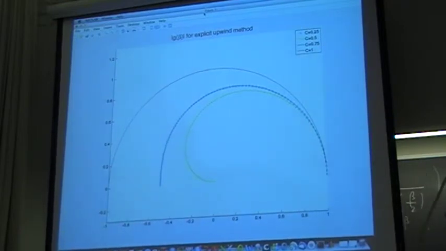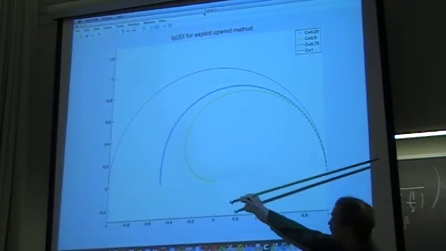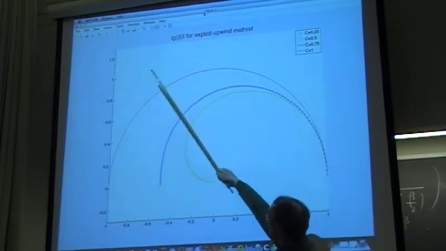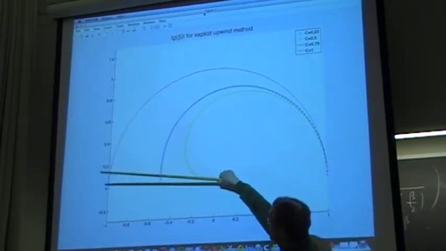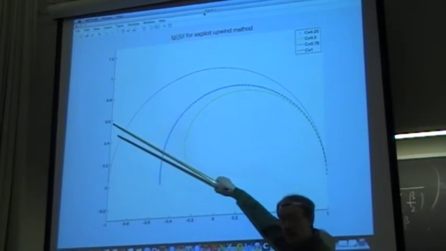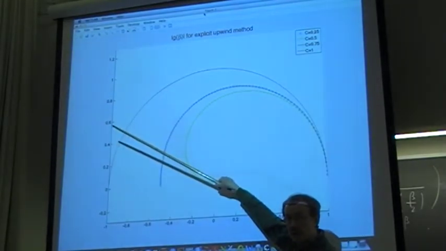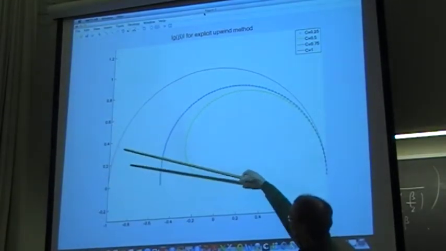So that is how we have to interpret that. We take an angle, go round, and then the distance from the origin tells us the size of the modulus, G of beta.